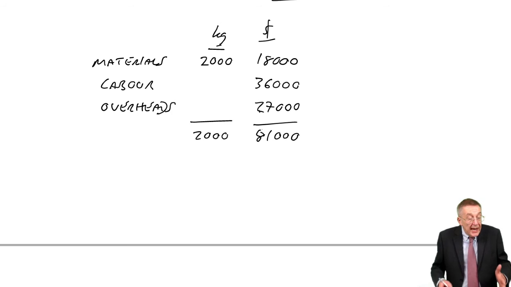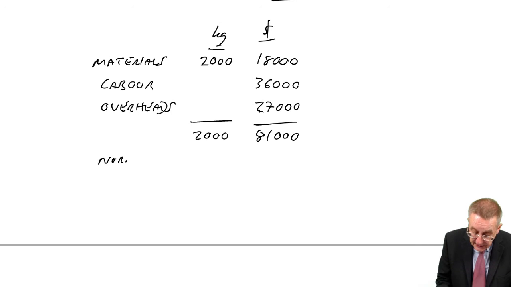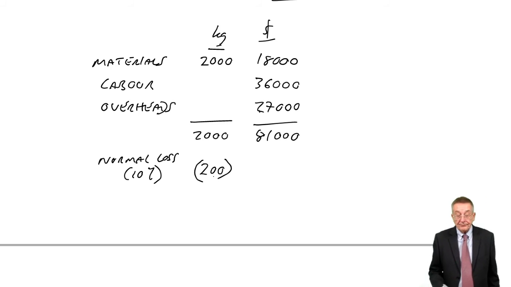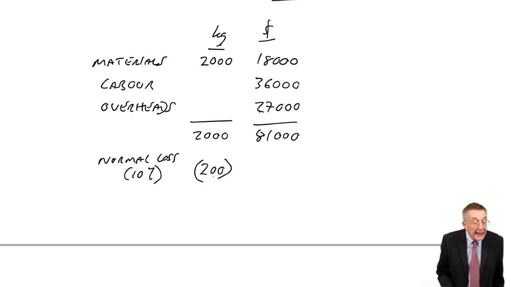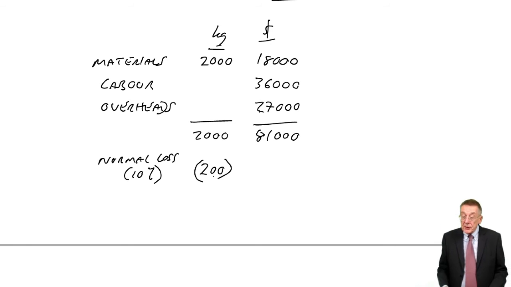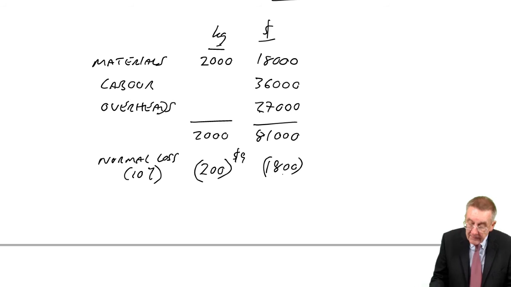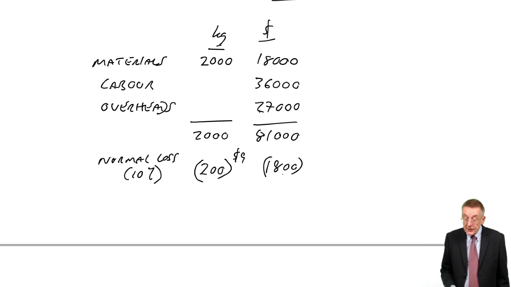Any normal loss? Yes. Well, any normal loss we bring into our costings. Again, it's 10% here, so we expect to lose 200. And again, any losses can be sold as scrap. So the normal loss, we expect to lose 200, we expect to receive 1,800. We treat it as a negative cost.